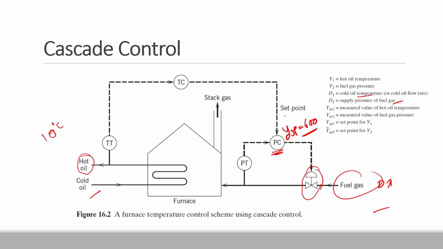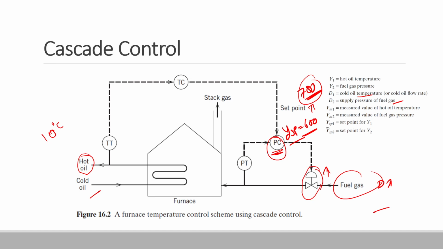Corresponding to that, the set point of the pressure controller will increase, and it will, let's say, change by 100 and become 700. Since the set point of this system is changing, this control valve will open in order to increase the pressure to 700. Earlier it was 600, so this control valve will open in order to regulate the pressure from 600 to 700.